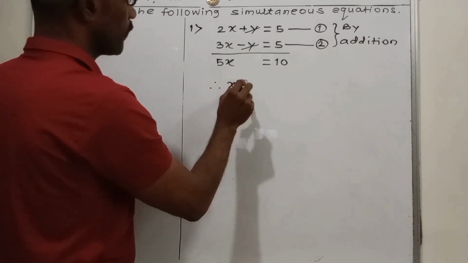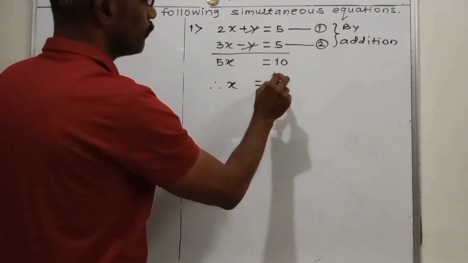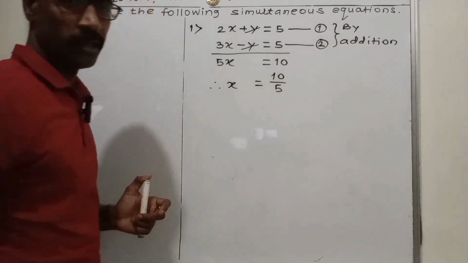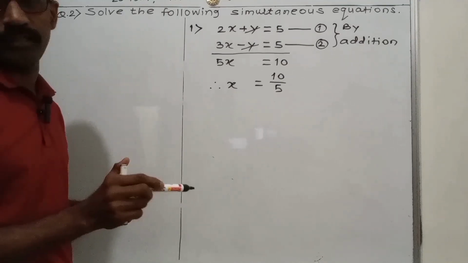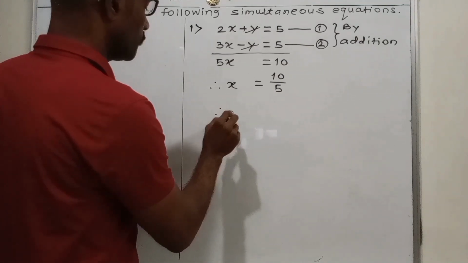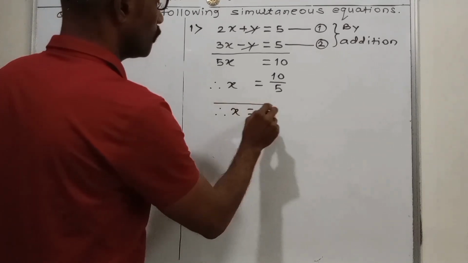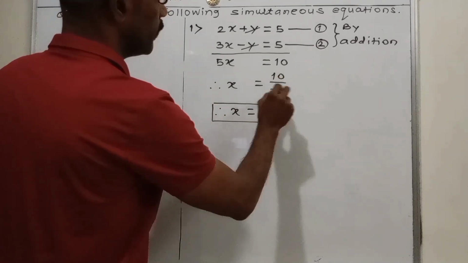Therefore x is equal to, multiplication here. So when we take this 5 to the right side, becomes division, means that it becomes divisor. Therefore x is equal to 10 upon 5.